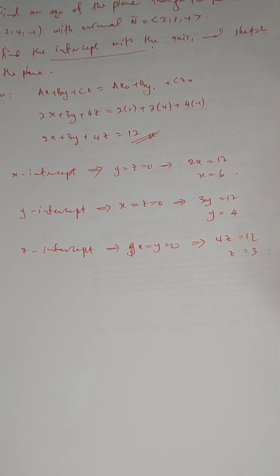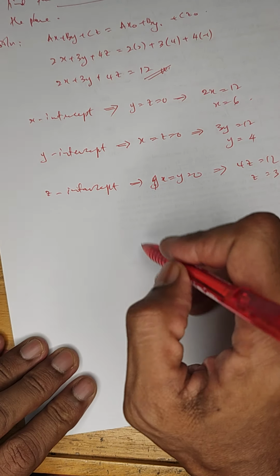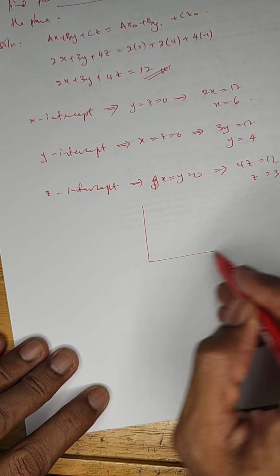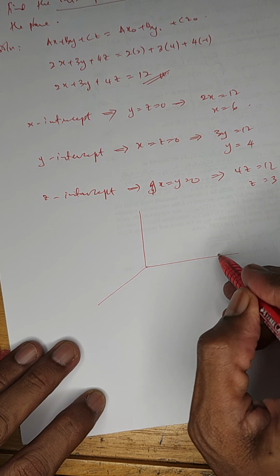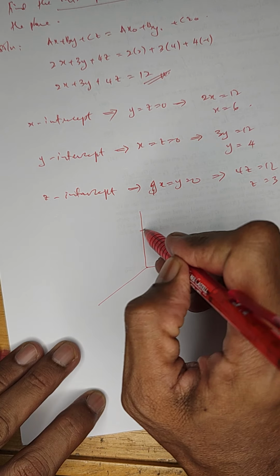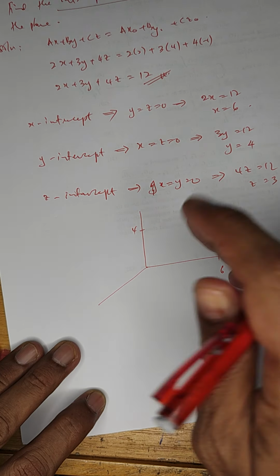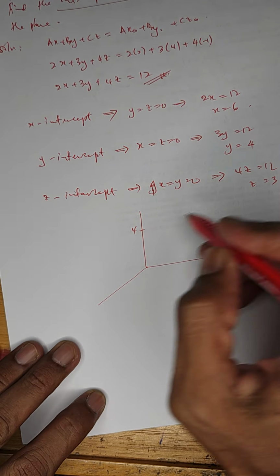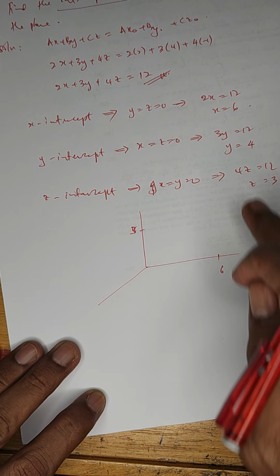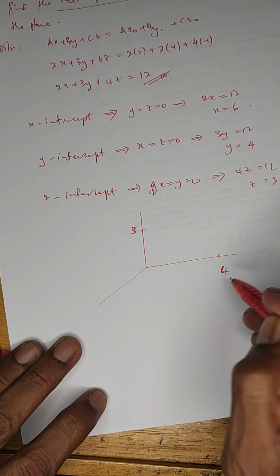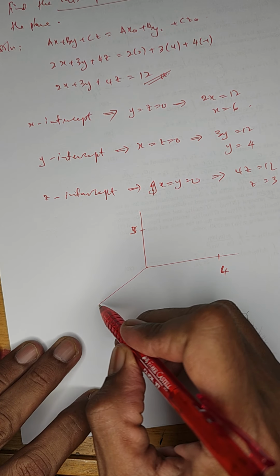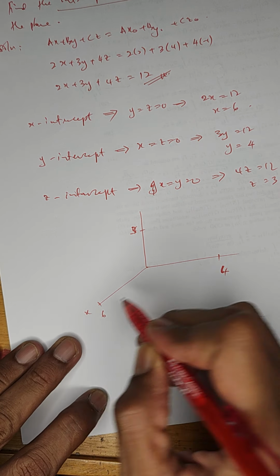Okay. So from there, of course, you can sketch the plane on x, y, z. We have on the x-axis 6, on the y-axis 4, and on the z-axis 3.